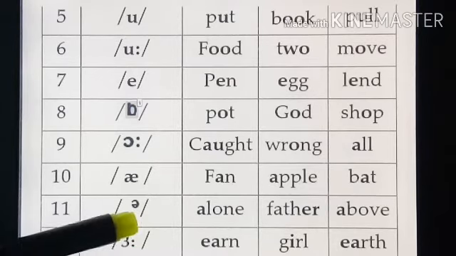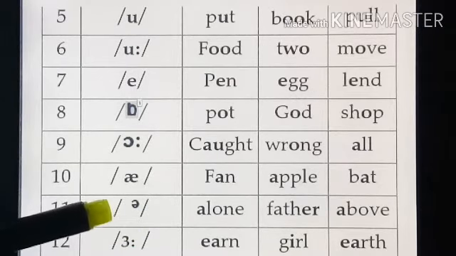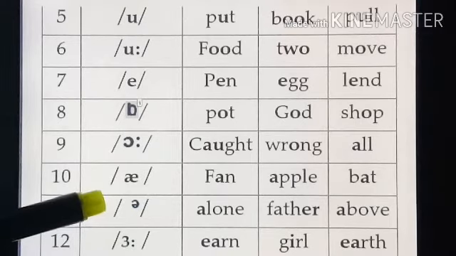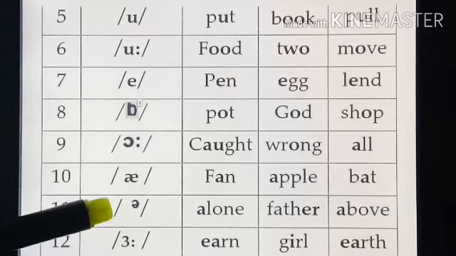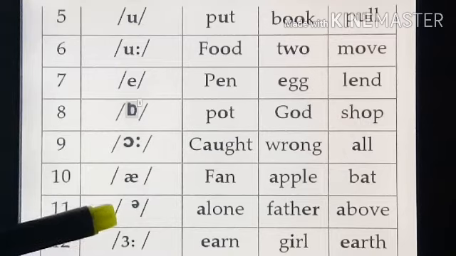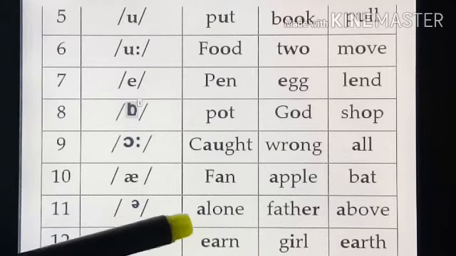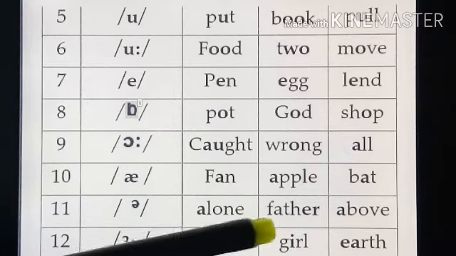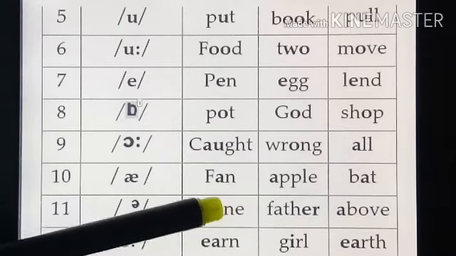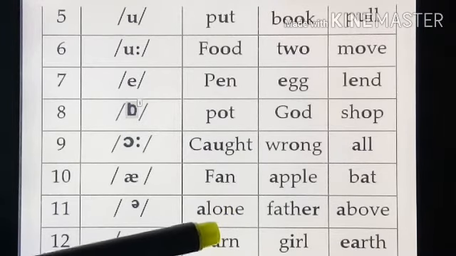Next, the 11th one is this sound which looks like a reversed E. This is somewhat a half mute of the previous sound. If you produce it and then close your mouth, then the sound comes, as in alone.